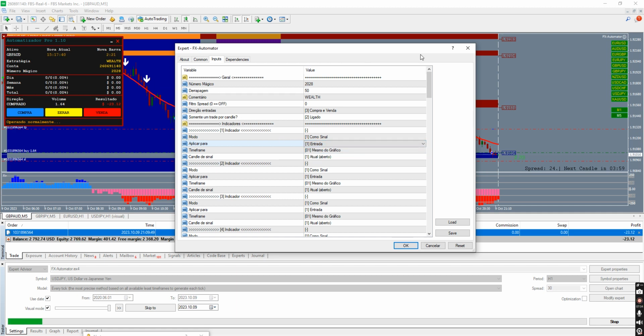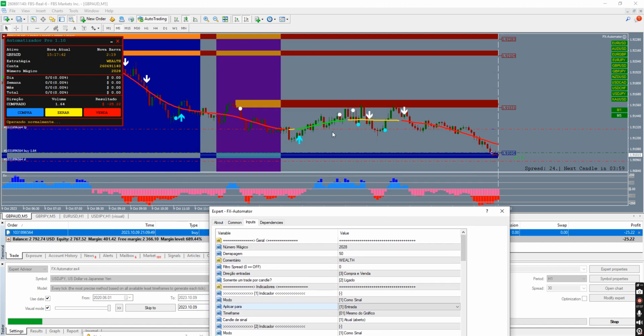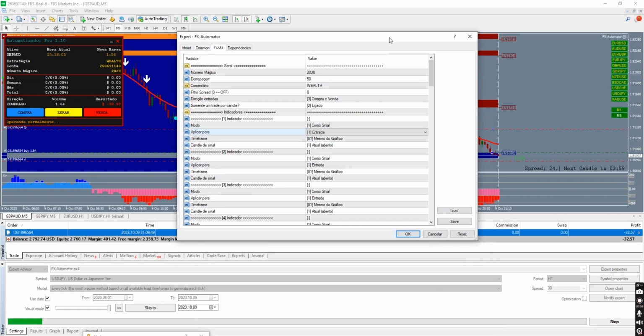Let's say you have a buy trade with another indicator, and this indicator appears, it is going to close that trade. So it can be an exit. But here we are using it as entry, as the signal. Okay, entry, not exit.